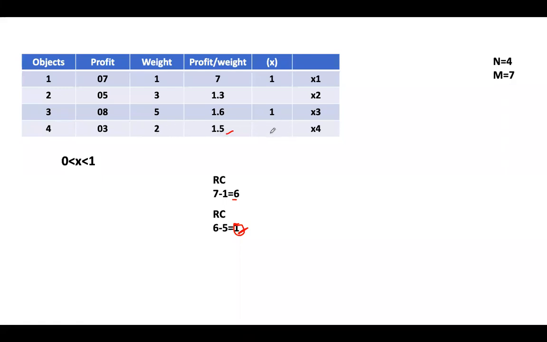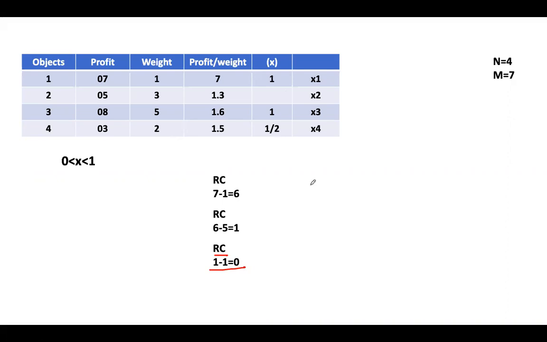This entire object will not fit into the bag. Only 1 kg of this fourth object can be considered. So we will write 1 by 2 here. 1 by 2 is 1 kg of this fourth object we can consider. Remaining count now will be 1 minus 1, it is 0. So all 7 kgs we have stored among the given objects.